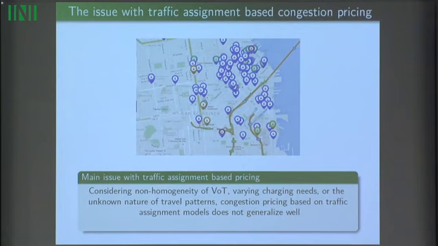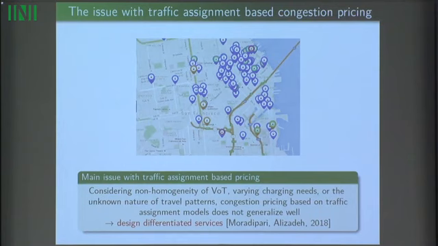So if you look at all the real aspects of this problem, people have non-homogeneous values of time, various dynamic charging needs. You don't know their travel patterns, so you can't really formulate that optimization problem that I was showing, or I haven't even shown you the optimization problem. But in this case, congestion pricing-based schemes do not generalize well.